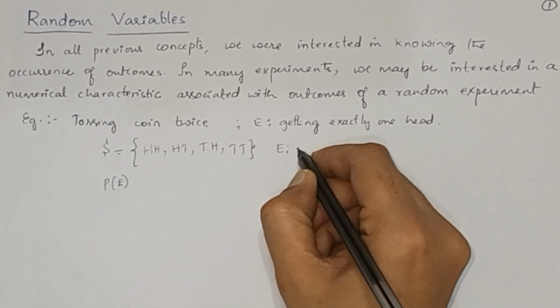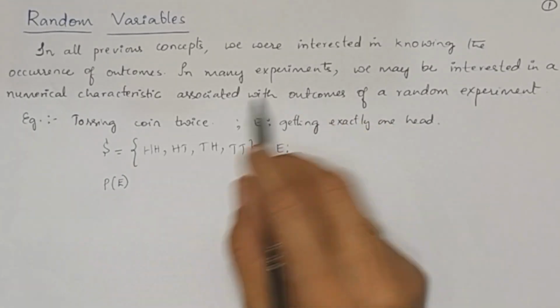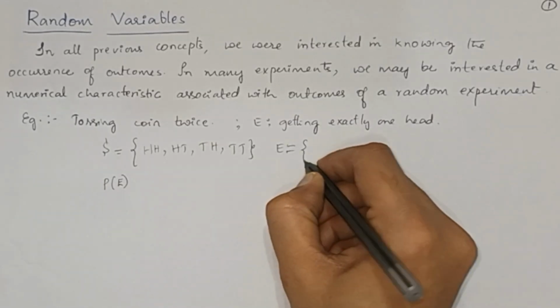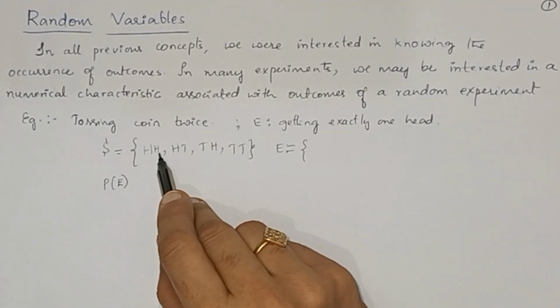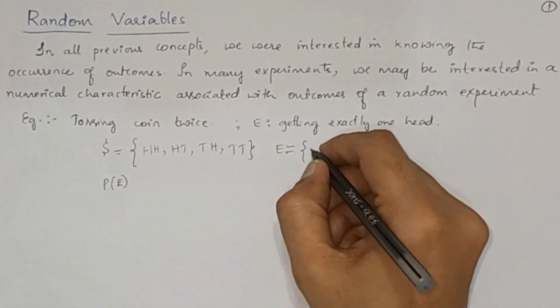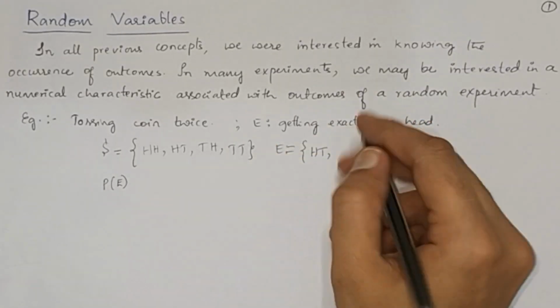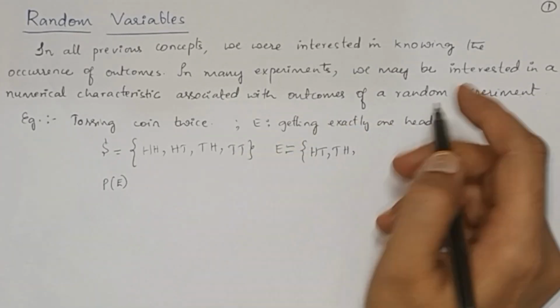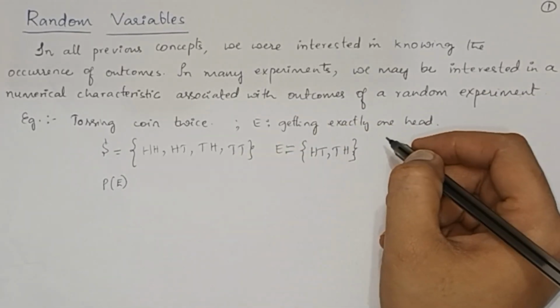So P of E, we want to find the probability of E. First, we have to look at the outcomes which are favorable to this event. Getting exactly one head means: here there are two heads in this outcome, there is one head in this outcome, therefore this is favorable. This is also favorable, one head. Here there are no heads. So only two outcomes are favorable.